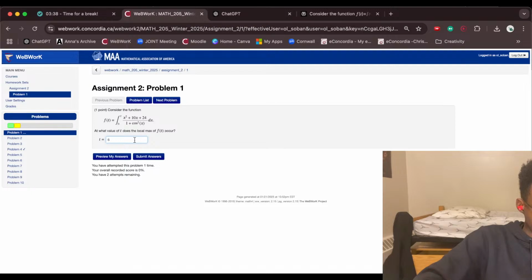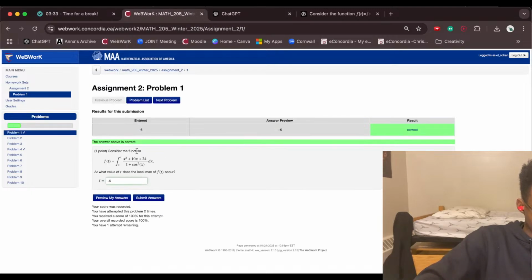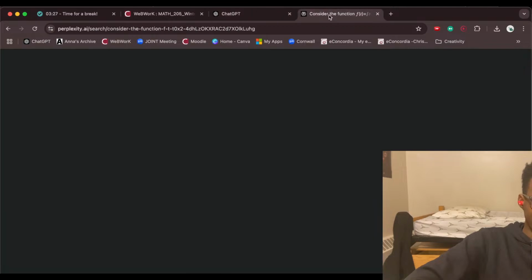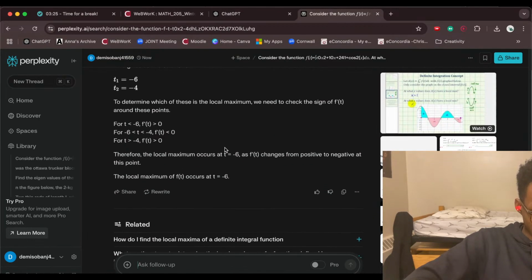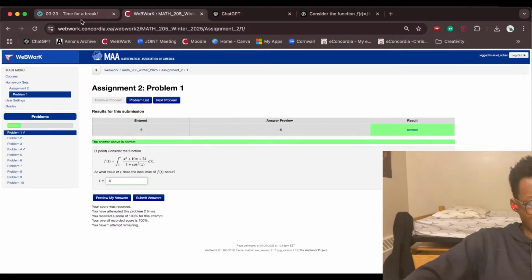Let's put negative 6 and 2. Okay, so we just had to put negative 6. That makes sense. I should have done that the first time, but I just didn't. Interesting, so it was right the first time. Okay, good to know.